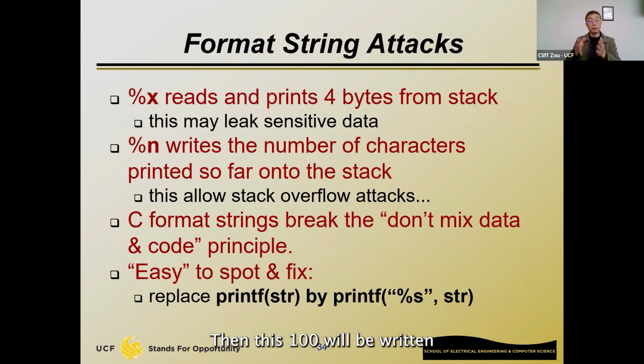Then this 100 will be written to the stack at the current position. This is a way for an attacker to modify stack memory content on a remote server. So these are %n.